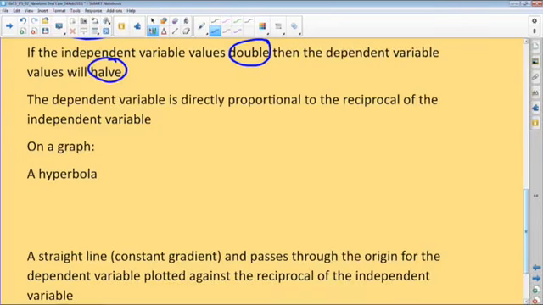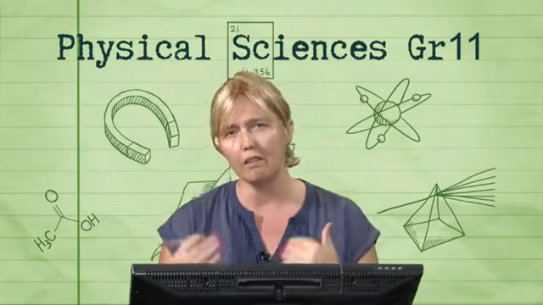Okay, so remember I said to you, if the one value increases by a certain amount, the other one is going to decrease by the same amount or in proportion or in the same ratio. So this one doubled, the dependent variable halved. Okay, so independent variable, you made the change, you made it double. That means the other variable had to halve. Okay?